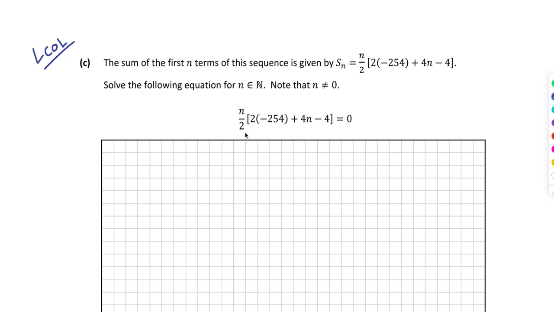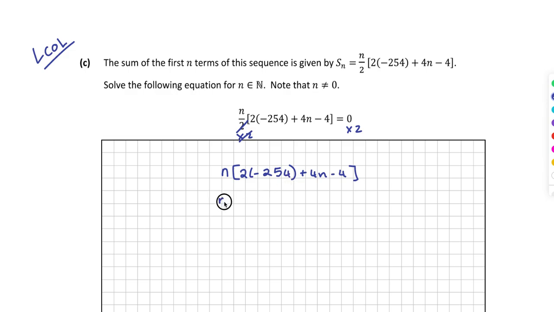Well, I don't like the look of that fraction, so I'm going to say multiply through by 2. That gets rid of that fraction on this side. Because all of that was being divided by 2, when I multiply by 2, it automatically goes. And multiply 0 by 2, and I still get 0. So I'm going to have n into 2 minus 254 plus 4n minus 4.